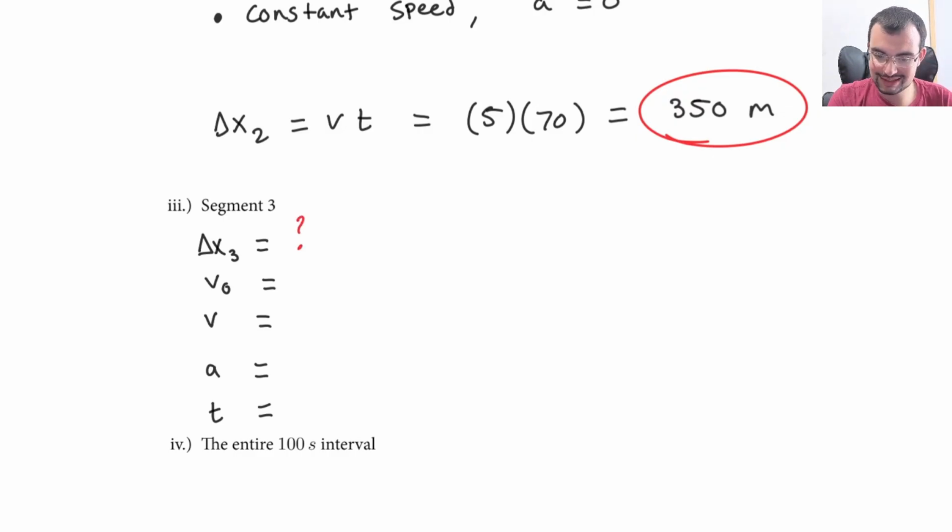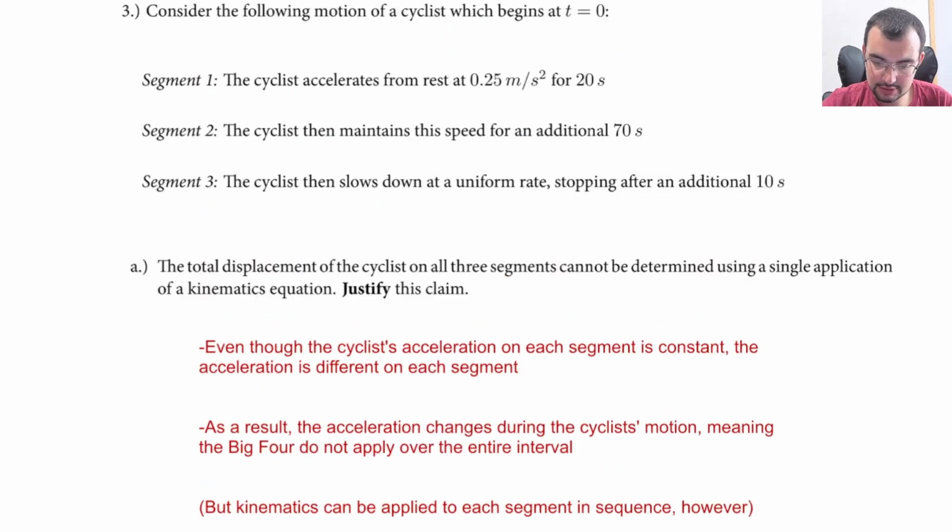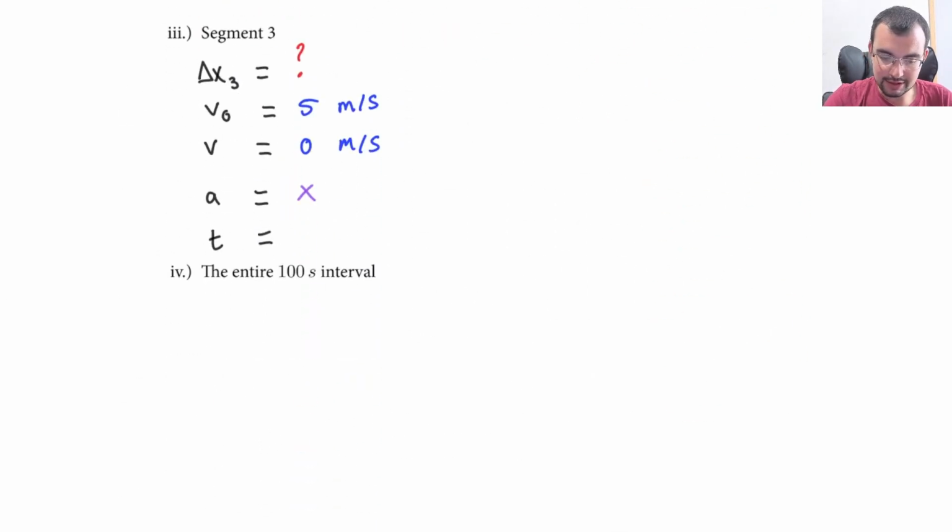Their initial velocity is 5 meters per second because the start of segment 3 is the end of segment 2, so the linking velocity is 5. We end at rest. We don't know the acceleration, and we don't care about it. And we do know that it takes 10 seconds. So we're going to use the kinematics equation we used last time, the accelerationless one.